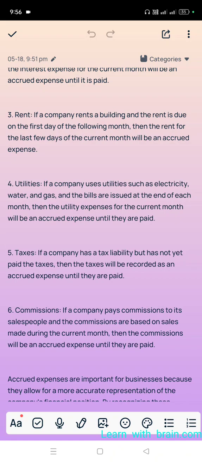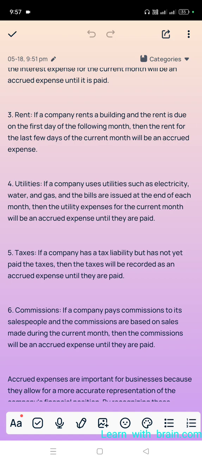For example, we take a building for rent, monthly 10,000 rupees. We pay the rent on the next 10th or 5th. For the May month, we need to pay the rent on the 5th of June. So up to that it is an accrued expense.